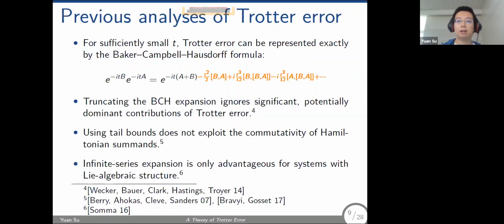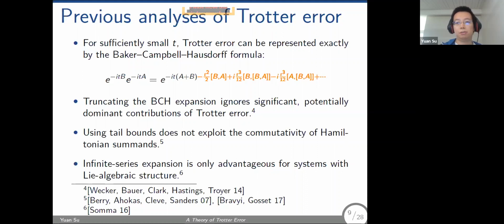Sorry. Well, I guess there are many things that you can do. For example, one thing that you can do is to say, let's forget about all the high order terms. Let's only look at the lowest order term, this commutator of B and A. Well, this approach is very, very intuitive. Basically, you can try to get an understanding of the error by looking at this lowest order term.